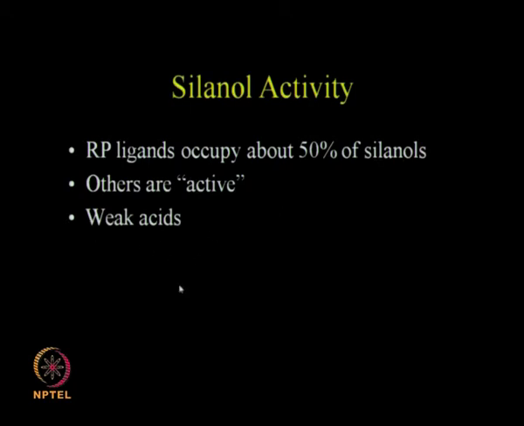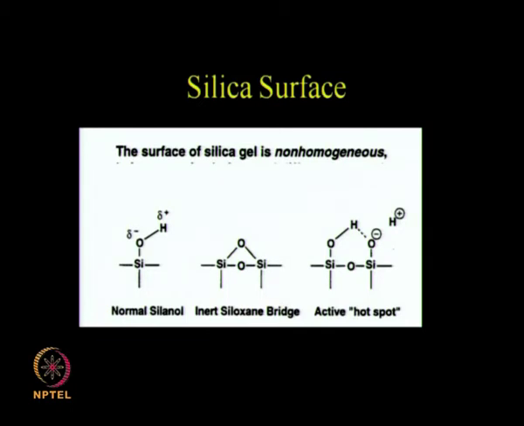There are different types of silanols, and the surface will be highly non-homogeneous. If the silanols next to each other form a bridge like this, then this is an inert siloxane bridge, but normally you will have SiO with a negative charge here and a small positive charge here.